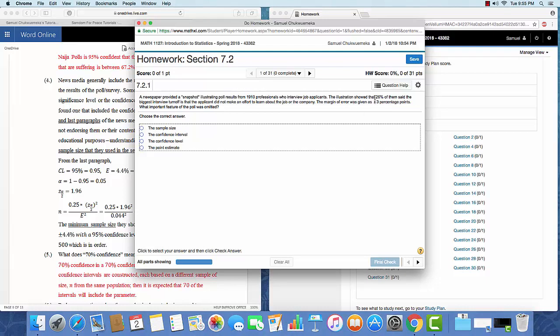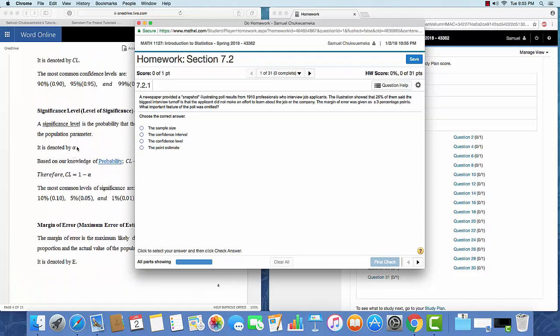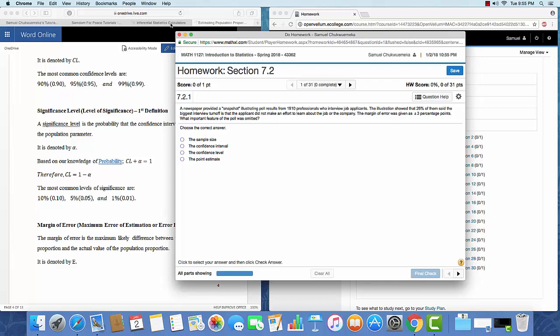Then they included the result of the poll, which is 26% of them. They included the margin of error, which is the plus minus 3 percentage points. And this result of the poll, the 26%, you can call it a point estimate. Just read the notes, I talked about point estimate. Okay, I need to get back to my calculator.